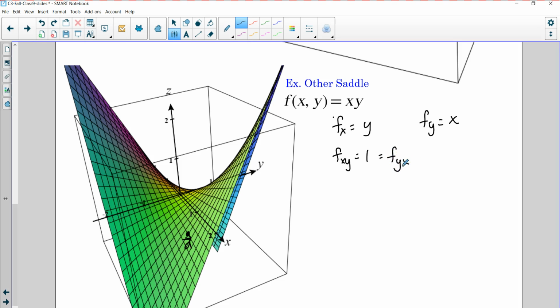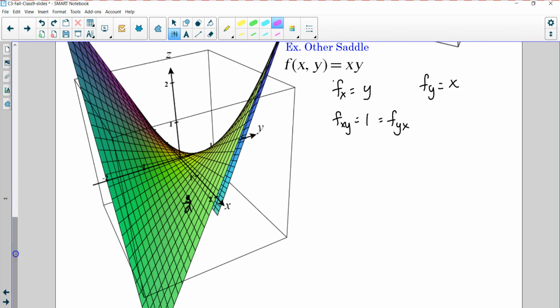Okay, and so now this is kind of interesting, because if I look at my curve, and I'm going to do this in a highlighter, let's try this. Let's do pink. Okay, if I look at, say, this first one, okay, I'm going to see that, well, as I increase, oh, actually, I want to do the other one. Let's look at that one. Okay, so I'm looking at f sub y in the x direction.